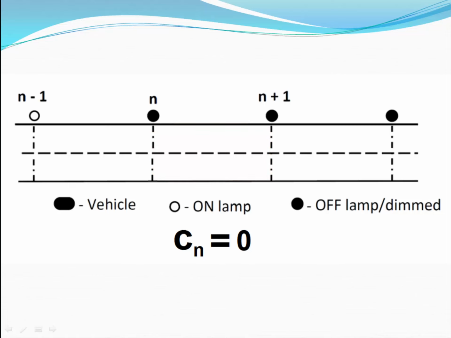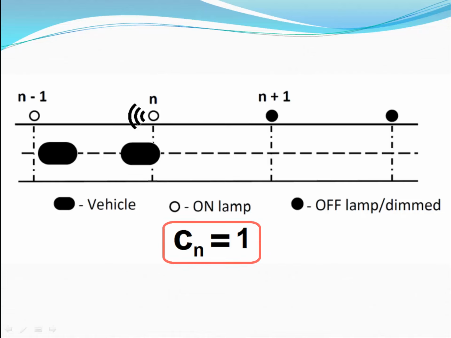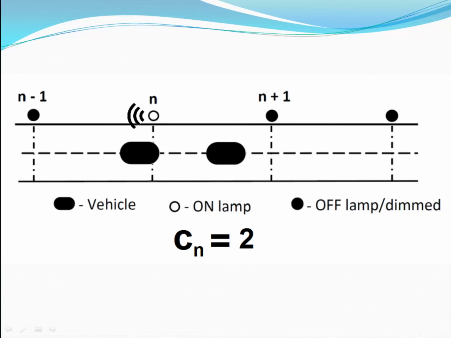It's empty and its counter equals 0, and a car approaches and enters the section. The node responsible for the section, the node on the head of the section, senses the car and the counter is incremented. Another car enters, so the counter is incremented again and it's equal to 2.